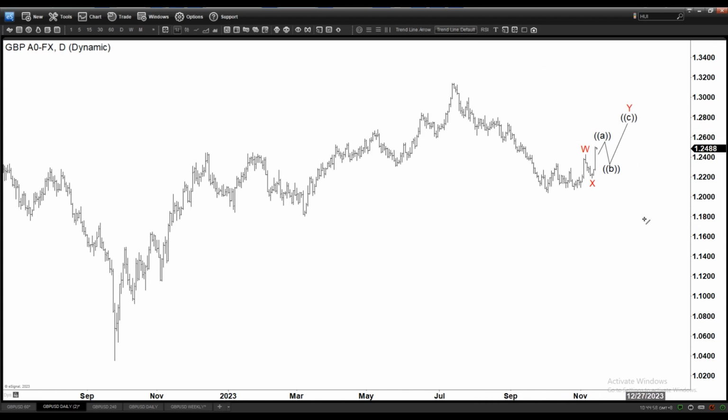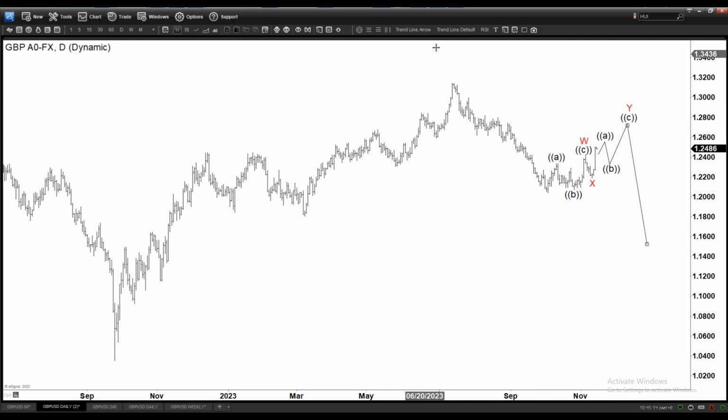That's what WXY means. This subdivision is another ABC, so you get an ABC, ABC, which is what the count here is suggesting for now.